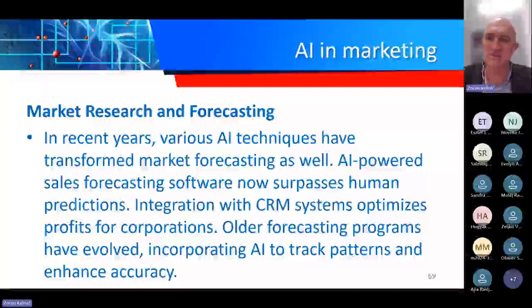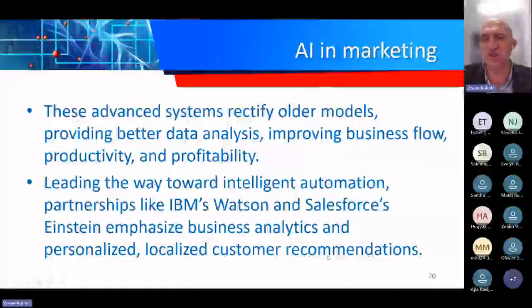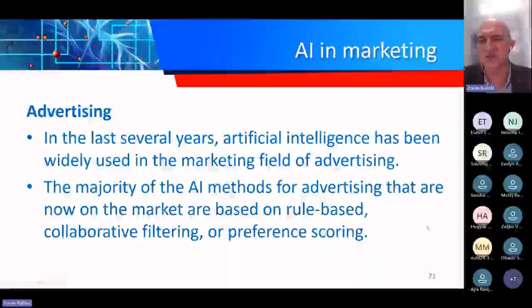There were some older systems, but new systems which integrate AI solutions are much better because they can include a lot of different data, not just the previous inputs of older systems. There are solutions like the IBM Watson system or Salesforce Einstein, which are used for this business analytics.